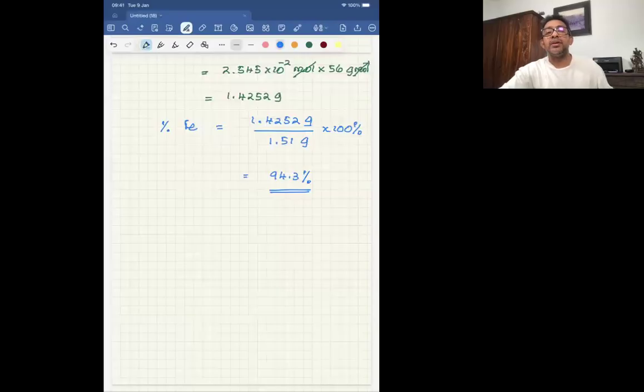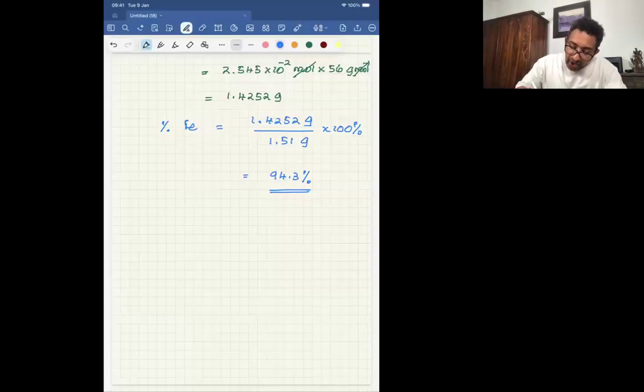Then the question: suggest a reason why the presence of dilute sulfuric acid is essential for the accurate titration, and why dilute hydrochloric acid and nitric acid are unsuitable to be used in the titration.